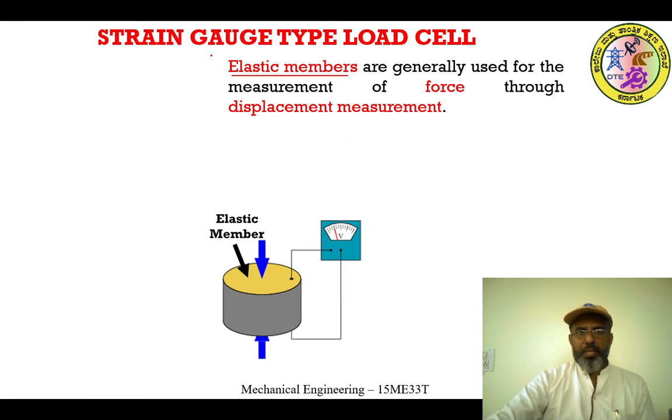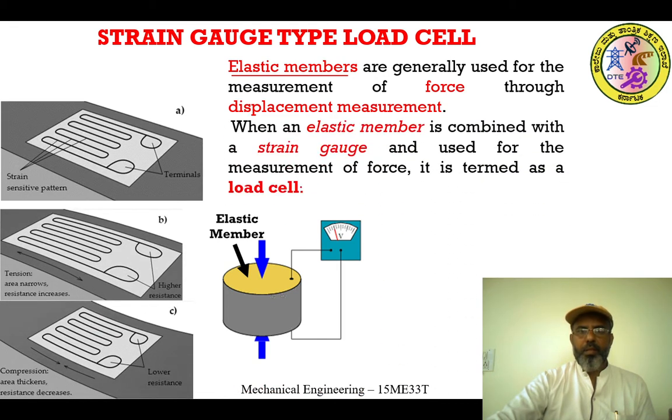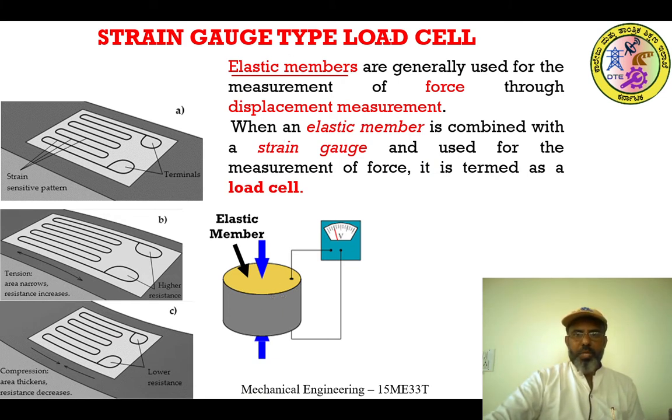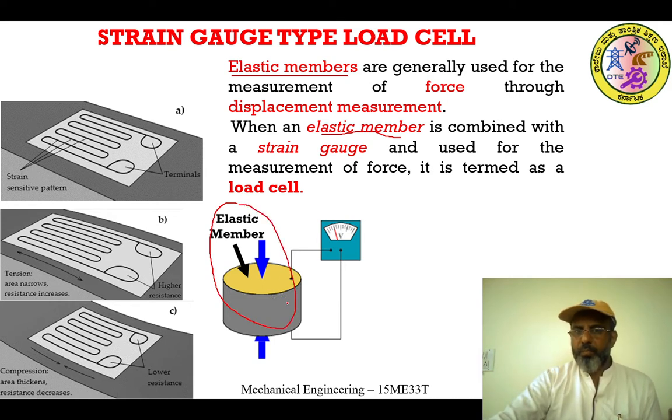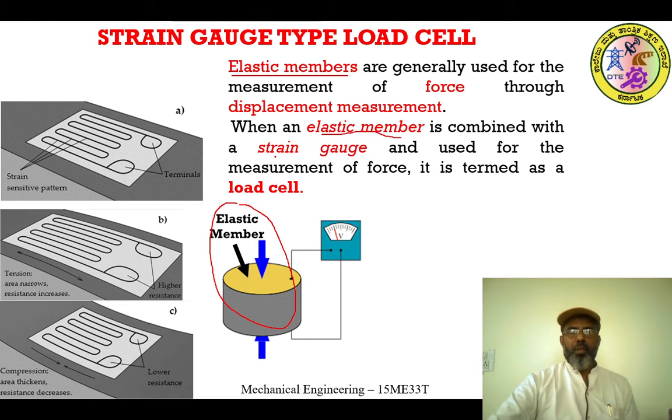And here you can see two words, one is strain gauge and load cell. See, in a strain gauge type load cell, the elastic member is the cylindrical steel column, and when we combine this elastic member with the strain gauge for the measurement of force, then we refer to it as load cell.